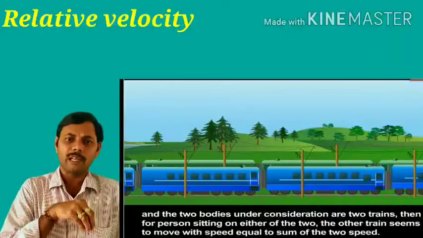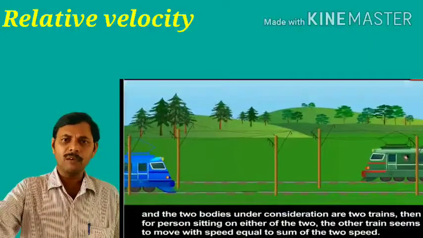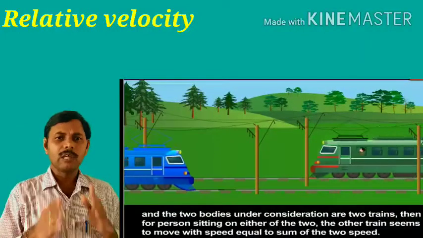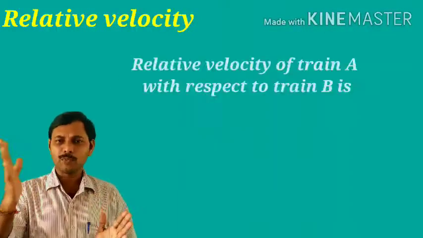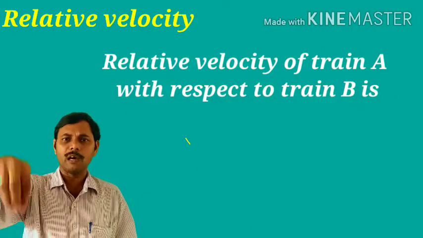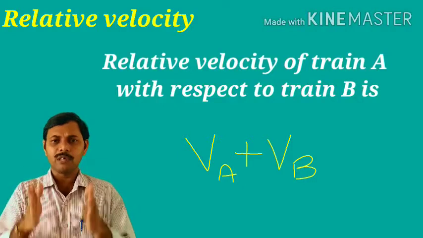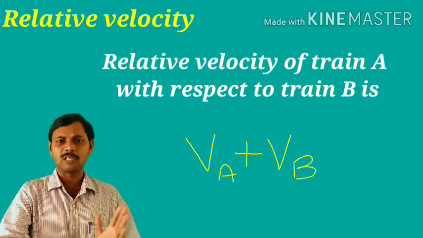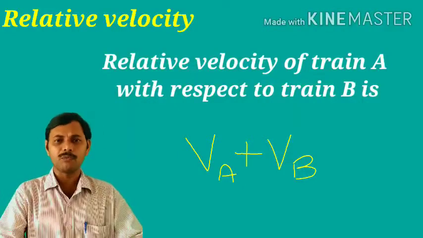Suppose the velocity of train A is VA and of train B is VB, both in opposite directions. Then the relative velocity of train A with respect to train B is VA minus of minus VB. So the magnitude of the relative velocity of one passenger with respect to another passenger is VA plus VB.